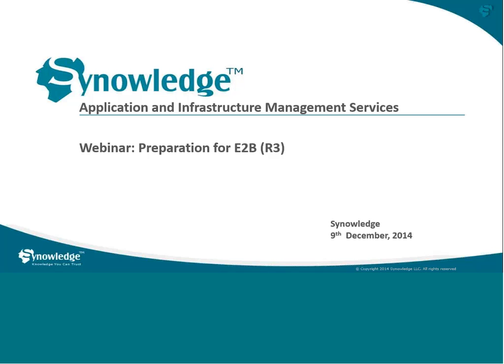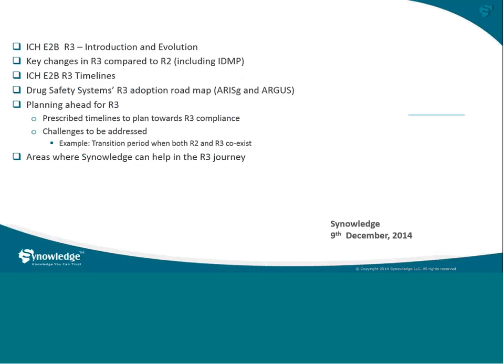Hello everybody, myself Shrikant here. Good afternoon. This is the brief agenda for today's webinar. We'll be going through the introduction and evolution of R3, and key changes of R3 compared to R2. This will be inclusive of identification of medicinal products. And we will be talking about E2B R3 timelines, the R3 adoption roadmap for the leading drug safety systems, ARISg and Argus.